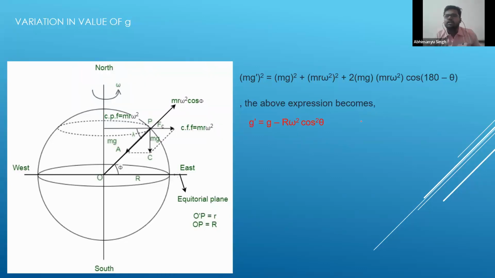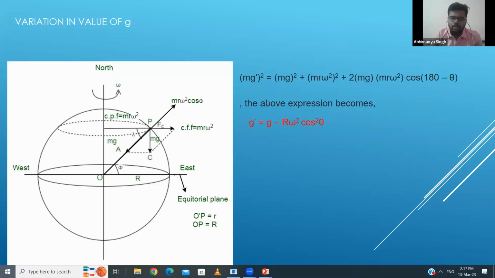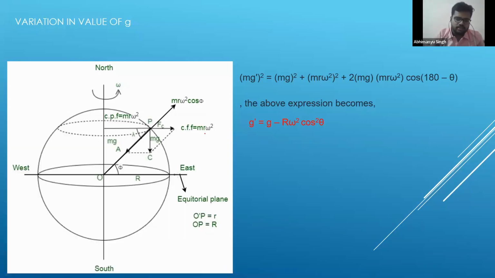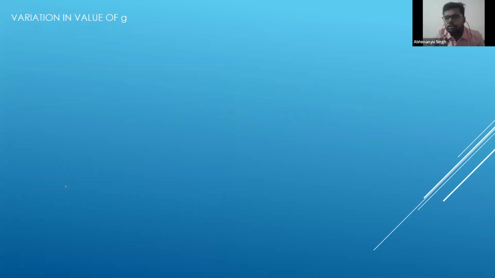It is just the centripetal acceleration of an object moving in a circle of radius r cos theta, where r is the radius of the Earth and theta is the angle of latitude. But due to continuous rotation, the shape of Earth has also changed.